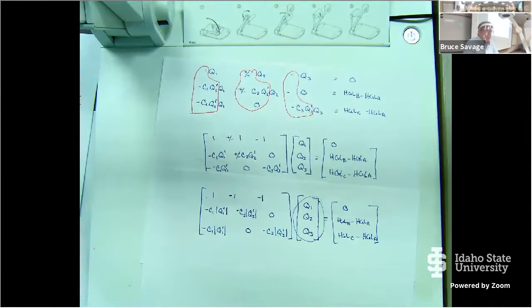So we're going to take an initial guess at the start, all three of them. We're going to say Q1 is equal to 1, Q2 is equal to 1, Q3 is equal to 1. Now, if you want your solution to converge faster, you're going to make them meet continuity at the junction from the get-go, but you don't have to. So you can just say let them equal 1.